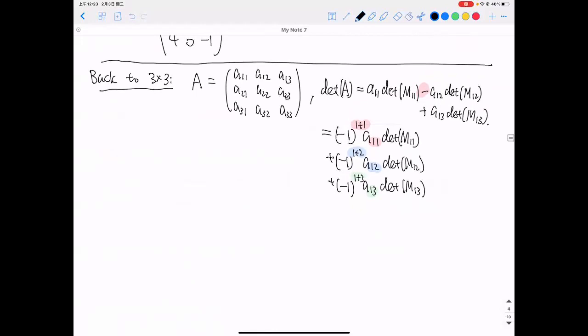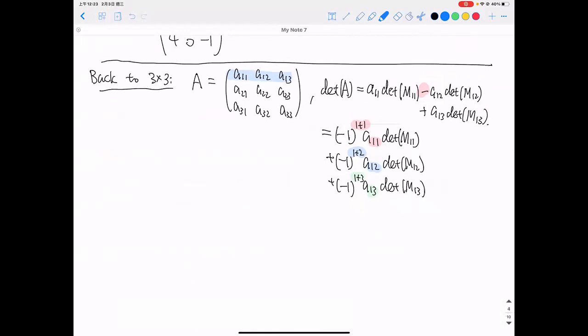So now there is another thing to check. There's another thing you can ask. Notice that in this definition of the determinant of our 3 by 3 matrix A, we move along the first row, because that's A11, A12.